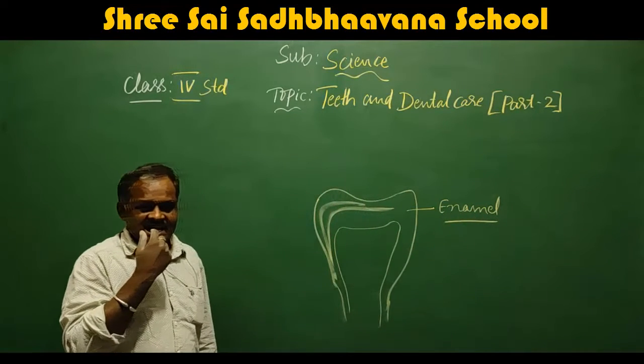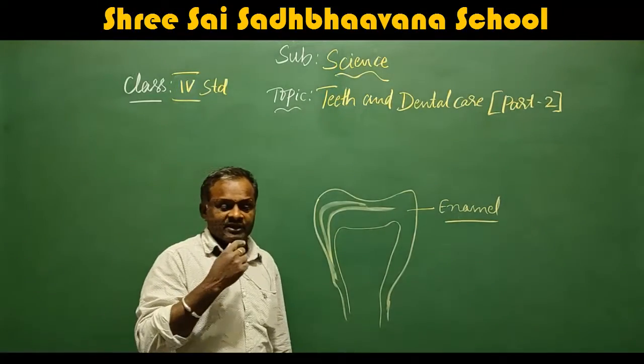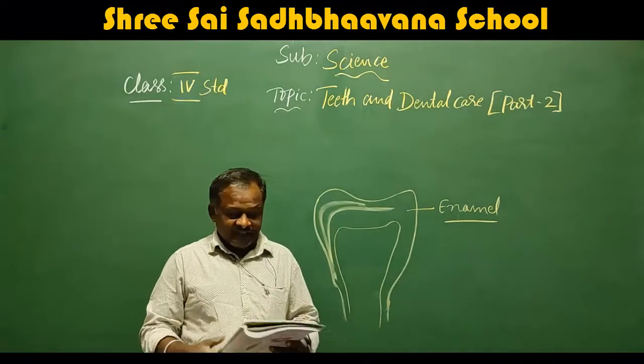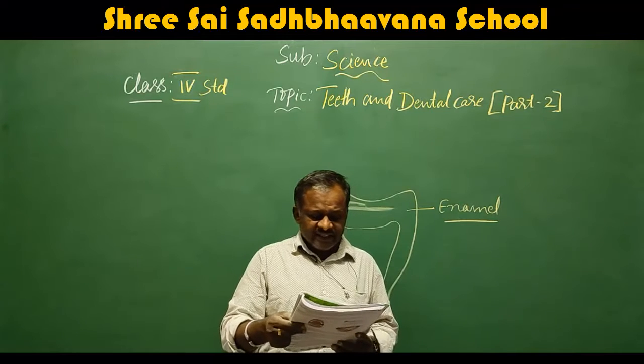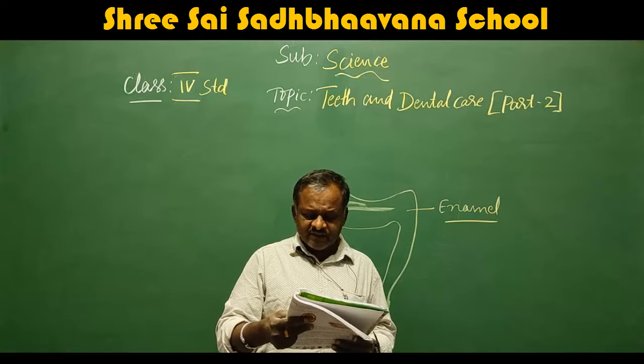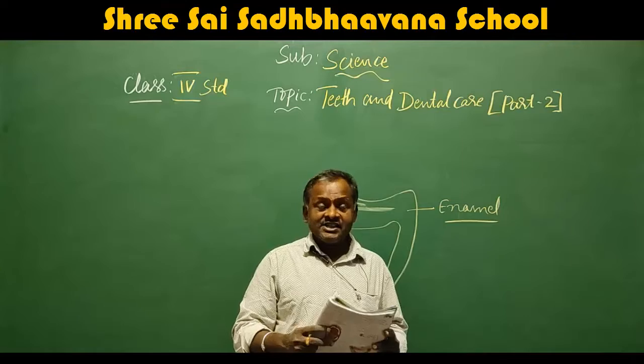What we have seen on our teeth, this white part, is called the enamel. It is very strong. The crown of each tooth is covered with enamel, which is very hard and shiny.